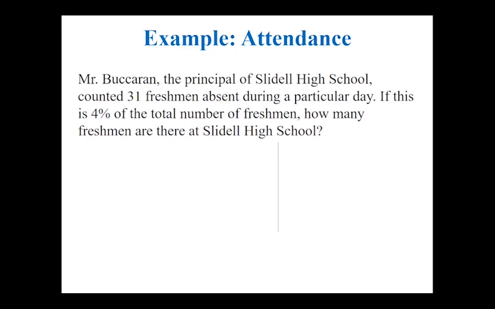So we want to know 31 is 4% of what total number? And this says method 1. This is a little preview for you that eventually we're going to have a second method of solving these. And we'll get to that. We're not even halfway done with this presentation.